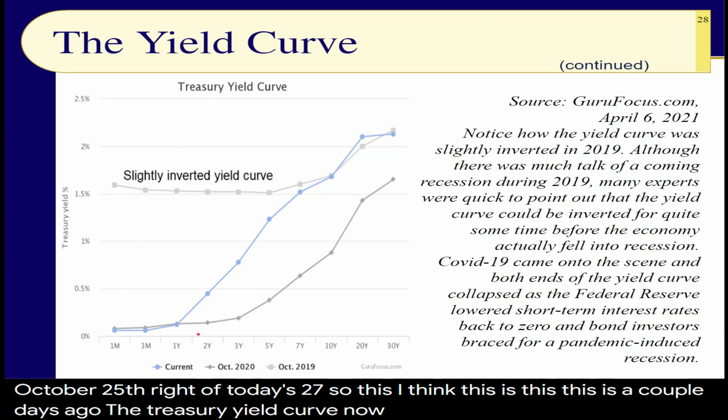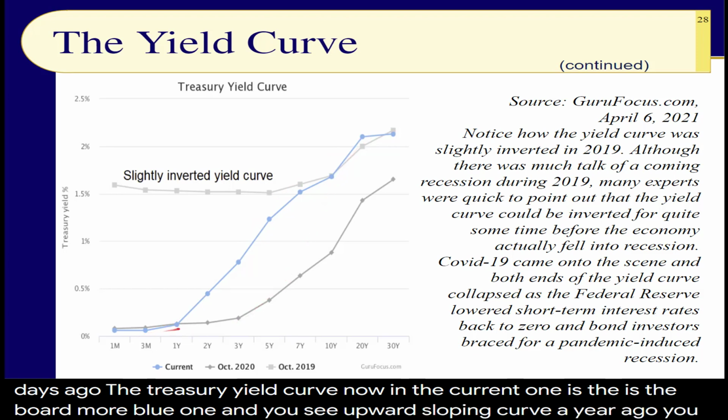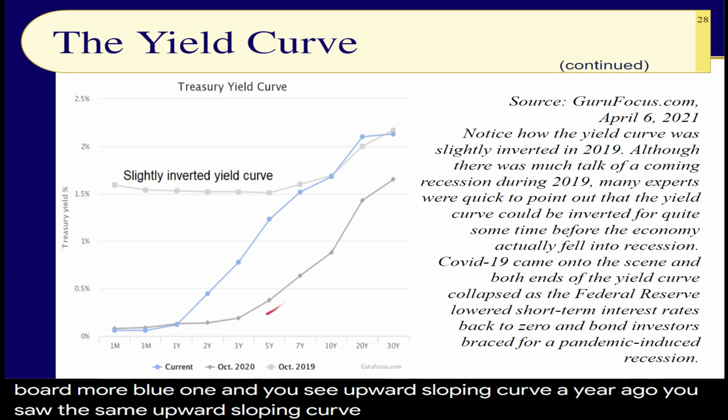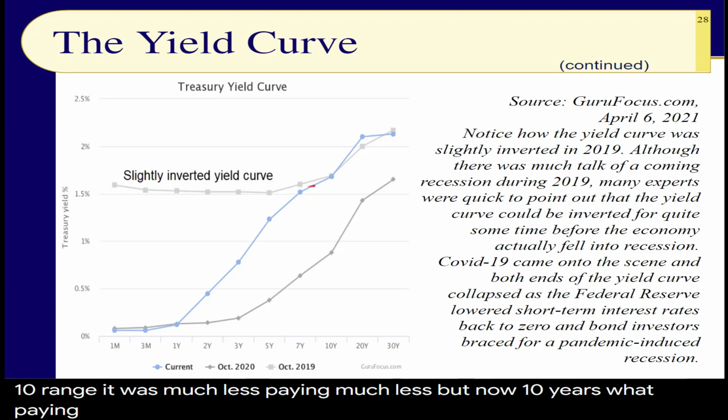The current one is the more blue one, and you see an upward sloping curve. A year ago, you saw the same upward sloping curve, but here in the 2 to 5 to 10 range, it was paying much less. But now the 10 year is paying 1.7 or so, 1.6.